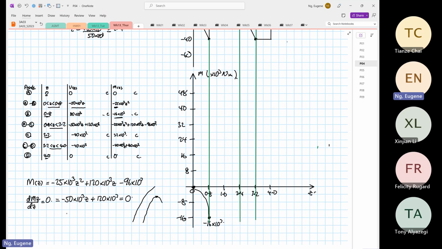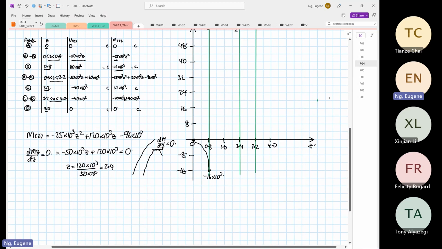So z is equal to 120 times 10 to the power 3 divided by 50 times 10 to the power 3, which is 2.4. So at 2.4, it reached its peak. Over here, we know that dM/dz is equal to 0.